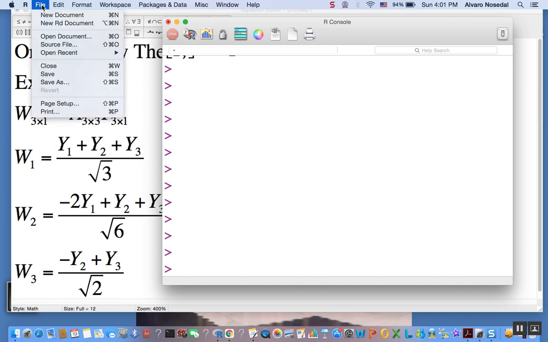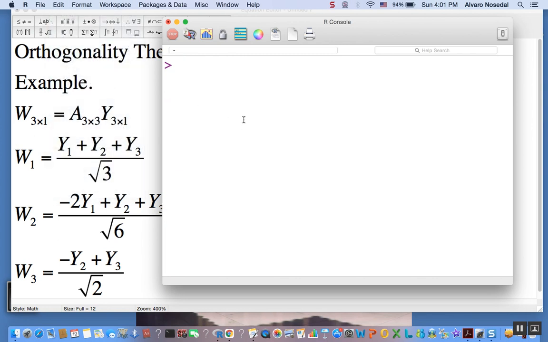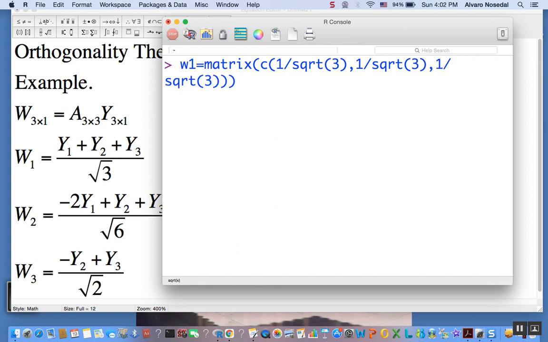Let me clear my console here. Okay. So W1 will be just a matrix, and let me define it. It's going to be 1 over square root of 3, 1 over square root of 3, and 1 over square root of 3. Right?